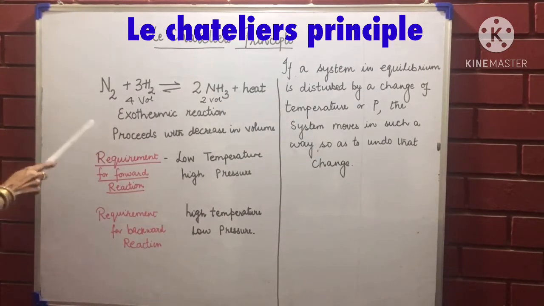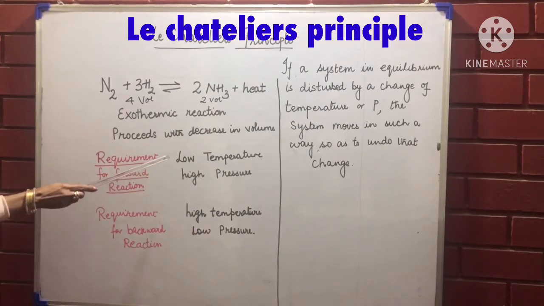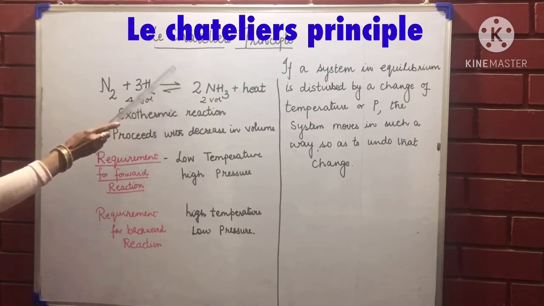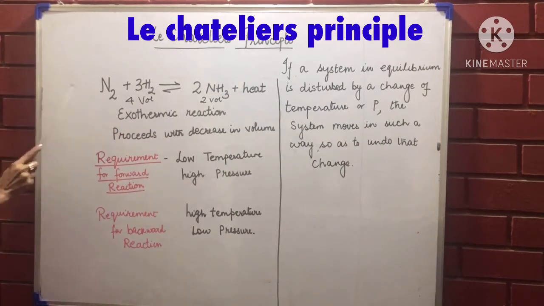So when we look at an equation, from the equation we get to know whether we need low temperature or high temperature. Since I need low temperature, the reaction is going to move in the forward direction. Now suppose this whole thing is in a state of equilibrium, and I try to change the temperature and pressure.